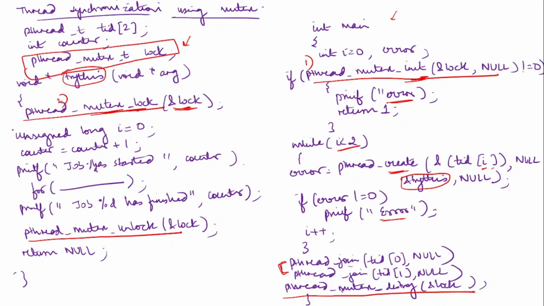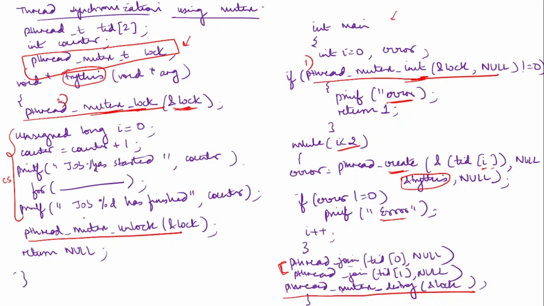In this particular case, this is the critical section of this program. No two threads are allowed to enter into this critical section simultaneously. Only one thread would be executing this particular piece of code.